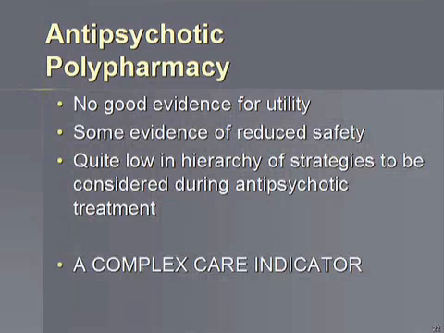And very importantly, if one thinks about the guidelines that we agreed to for the pharmacological treatment of schizophrenia, it's very low in the hierarchy of strategies to be considered during antipsychotic treatment. And that's the reason why use of two or more antipsychotics concurrently is a complex care indicator.